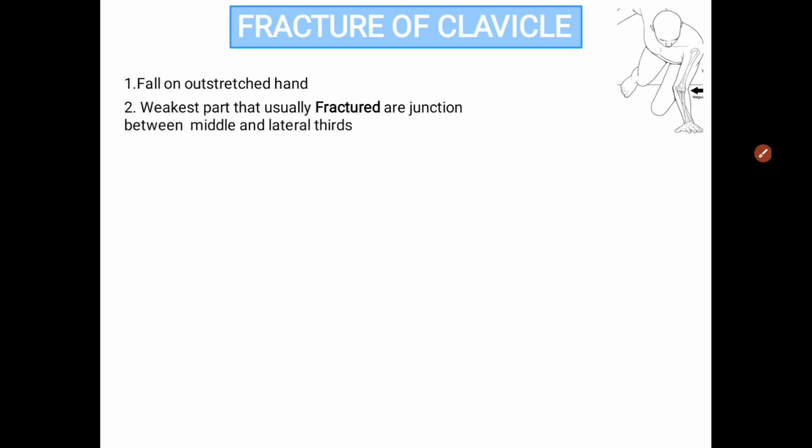So the weakest part that is usually fractured is the junction between the middle and lateral thirds. In other words, we can say it is the middle and lateral two-thirds.